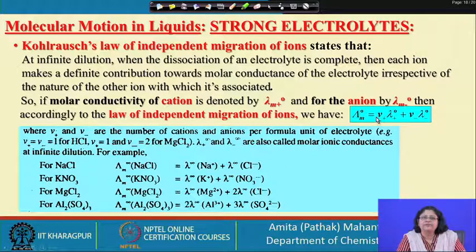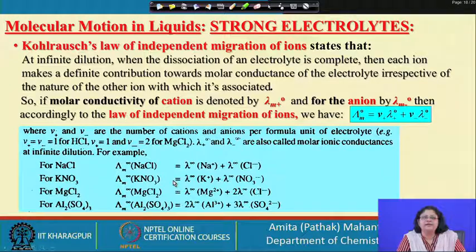And these are the formula units: the number of cations per formula unit you are getting, and here is the number of anions you are getting per formula unit.